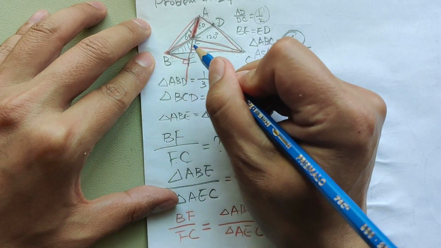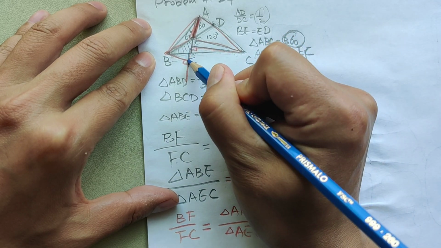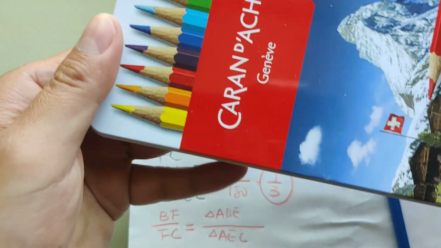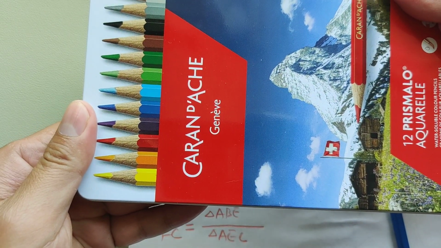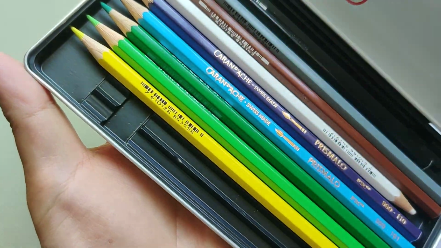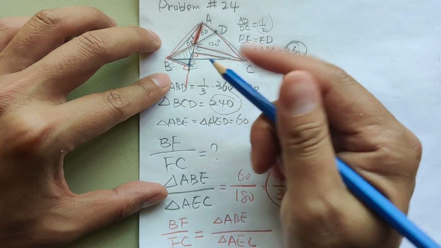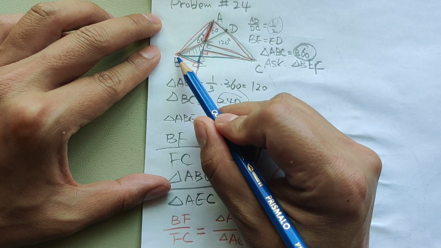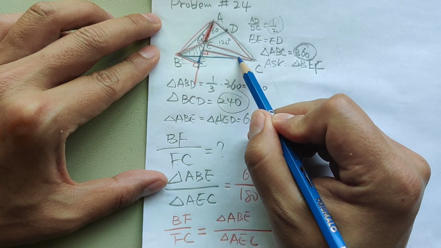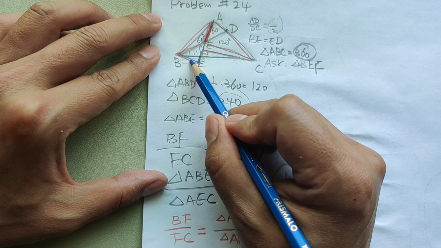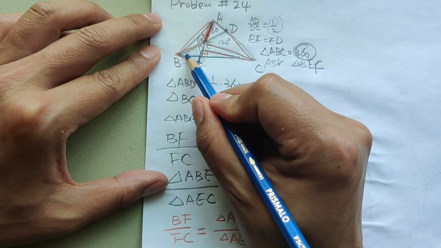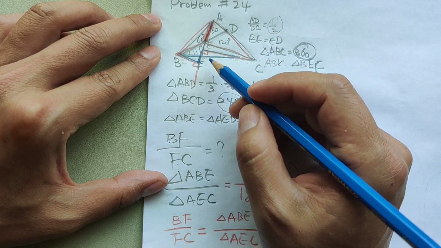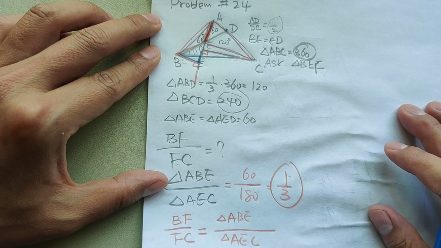Isn't that, let me draw this part a little bit clearer using my very nice color pencil from Zurich. Very nice pencil here. Okay, now look at this area, BF and FC. These two triangles here, like this and this, they're small triangles, but aren't they similar triangles?